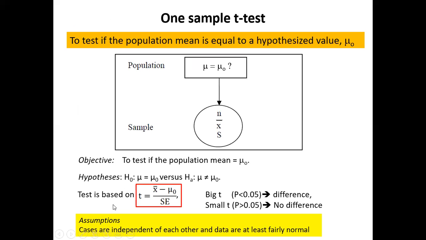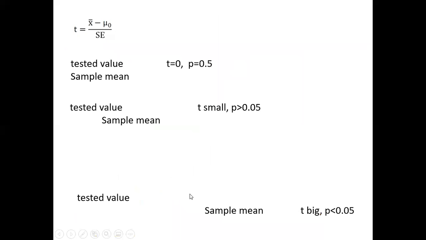So what's H null? The sample mean equals this tested mean, right? That means these two values are very close. How do you know they're very close? We look at the p-value, more than 0.05, t is small, meaning these two values are very close. So in this case, we do not reject H null.